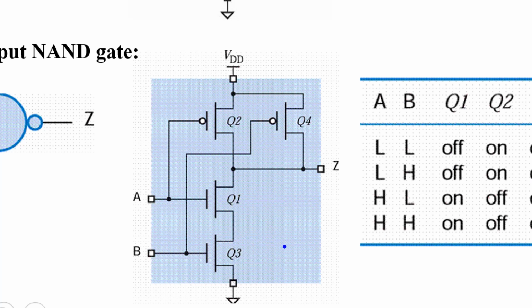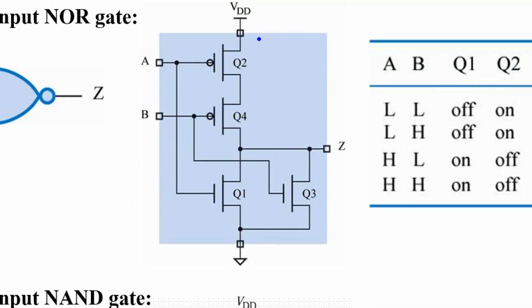The second one: the upper part of the circuit, Q2 and Q4, is controlled by A and B respectively, and this transistor and this transistor connect in series. Q1 and Q3 are also controlled by A and B, but the connection between this transistor and this transistor is in parallel. So this one is series, and this one is parallel.